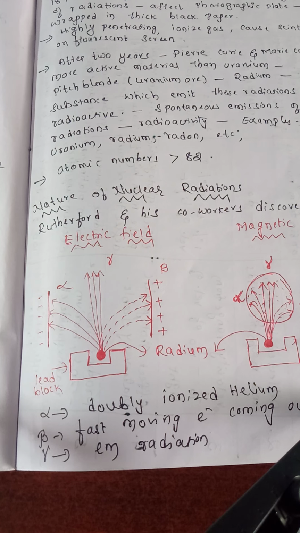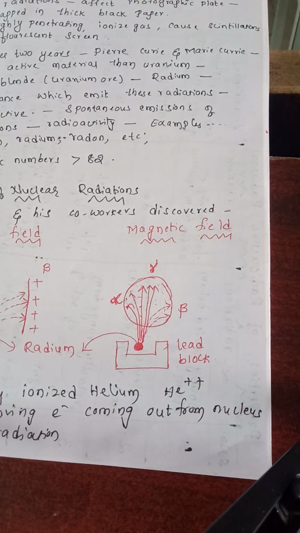And gamma radiations are nothing but photons, electromagnetic radiation. Similarly, they again applied a magnetic field. Here also they found that the alpha and beta particles are deflected and gamma radiations remain undeflected.